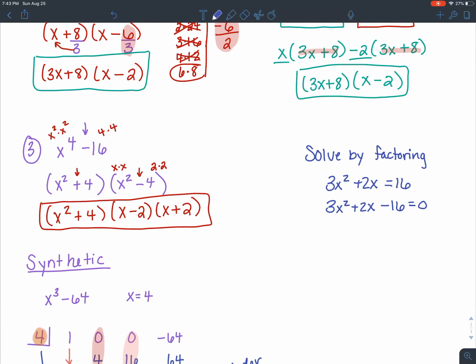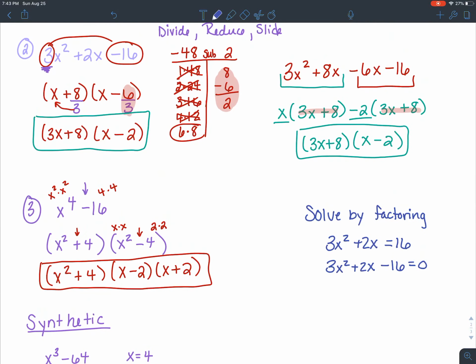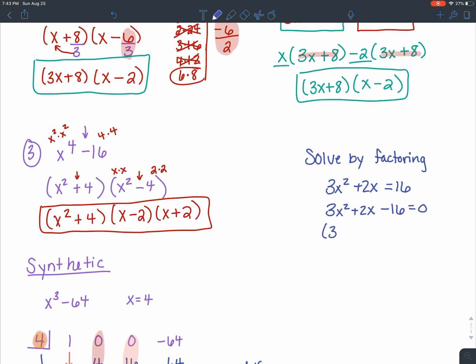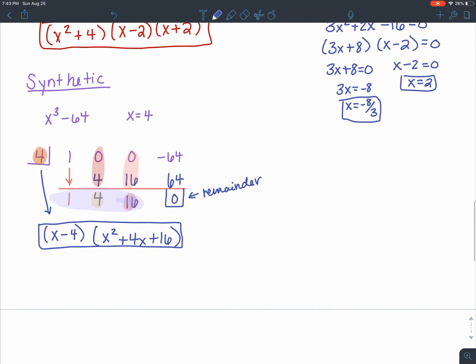Once I factor it, whether you do divide, reduce, and slide, or you do grouping, I would get 3x plus 8 and x minus 2. What you're doing is setting them equal to 0 and solving. So I get 3x equals negative 8, x equals negative 8 over 3 when I solve that. And here I get x equals 2. Those are my factors.